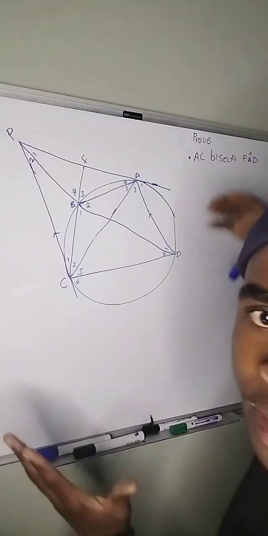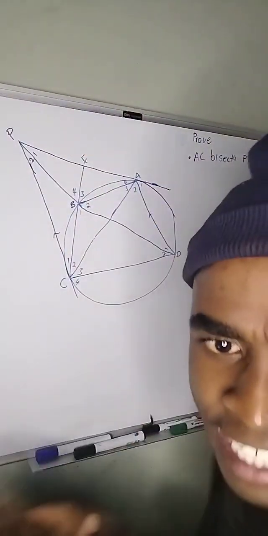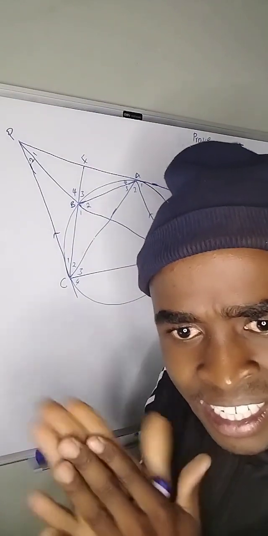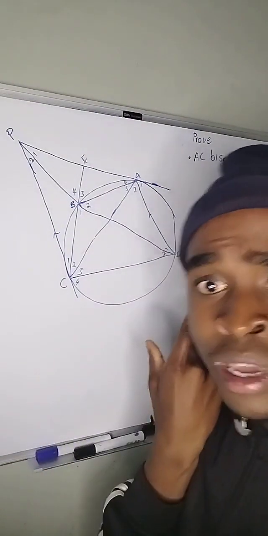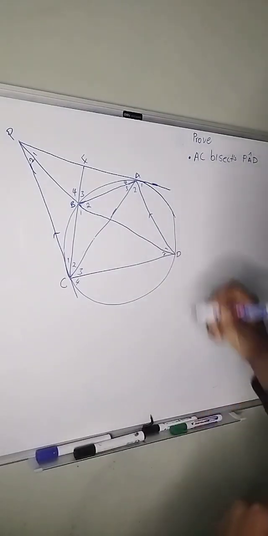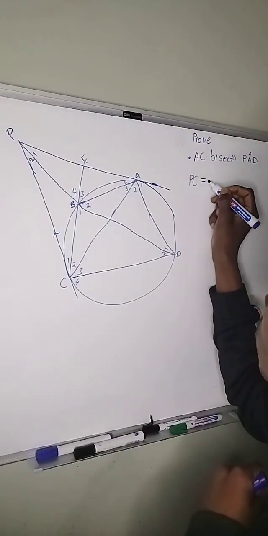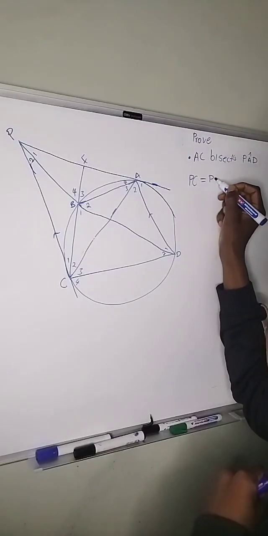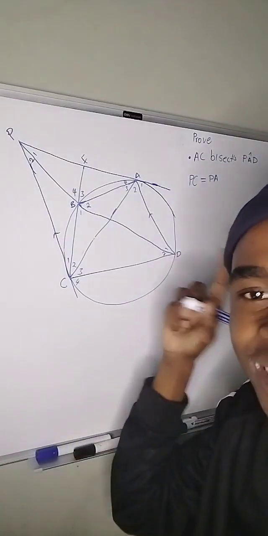What is the theorem that talks about the tangents from outside? So now we have to write the first statement. We are going to say PC is going to be equal to PE.